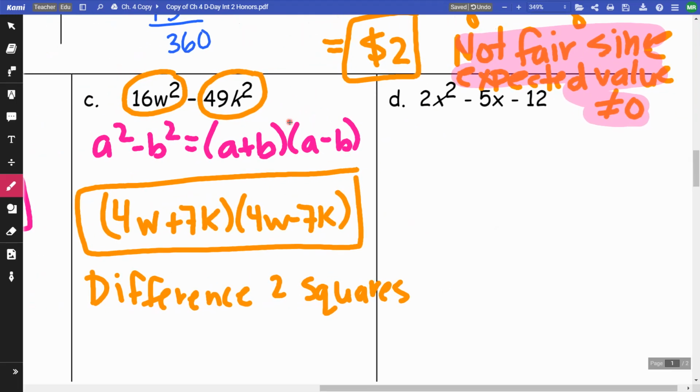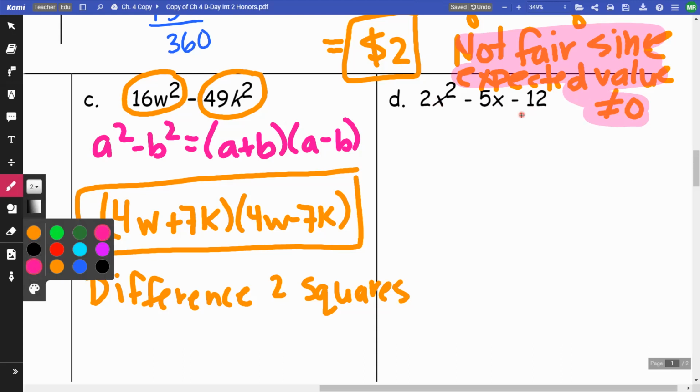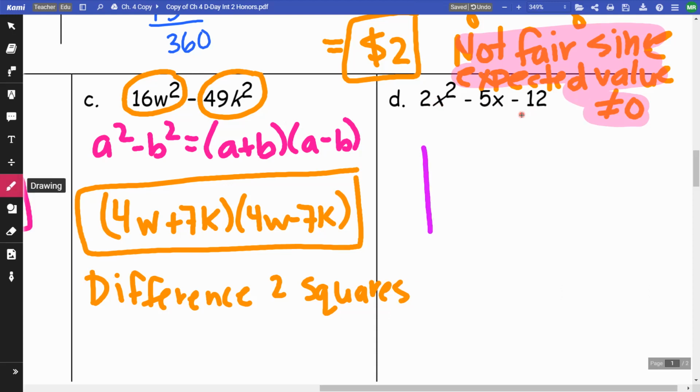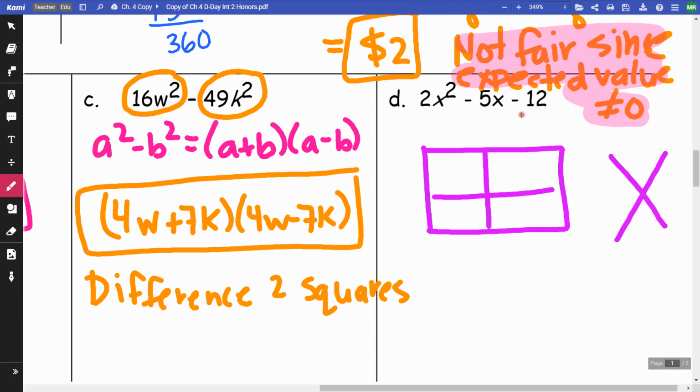On letter D, looking at this, I can't factor anything from my variables, a 2, a 5, a 12. I can't factor anything. So this one, I am going to do a box to diamond. I am going to have my 2x squared here and my negative 12.